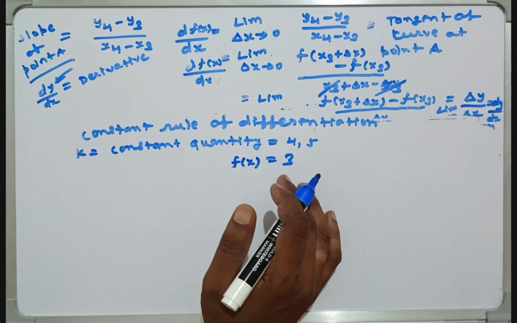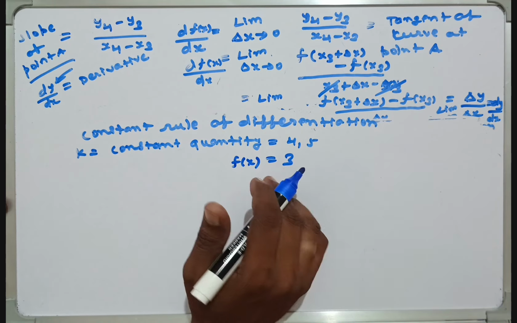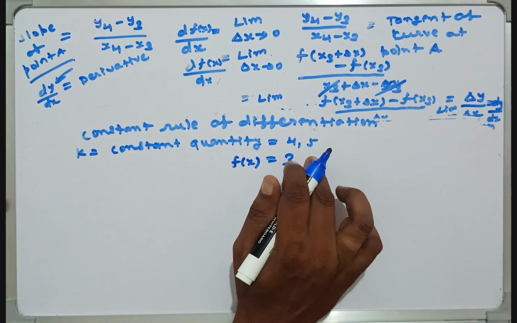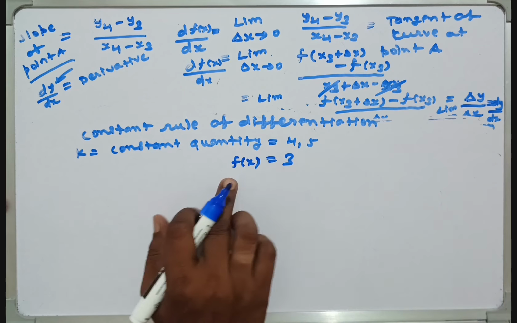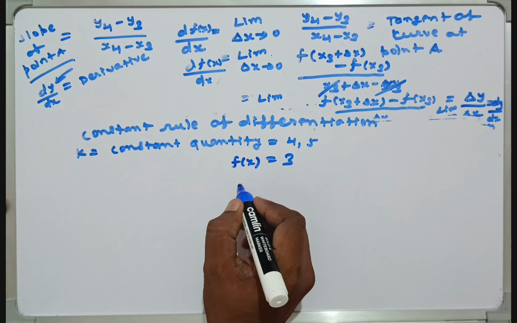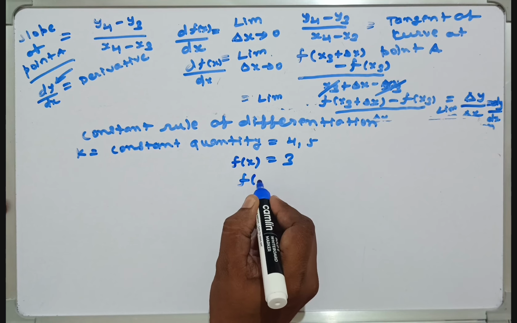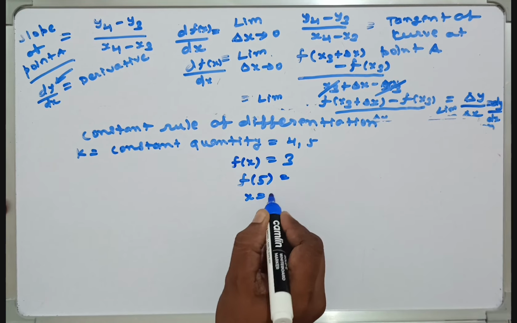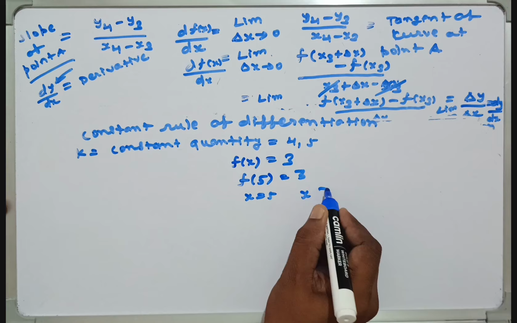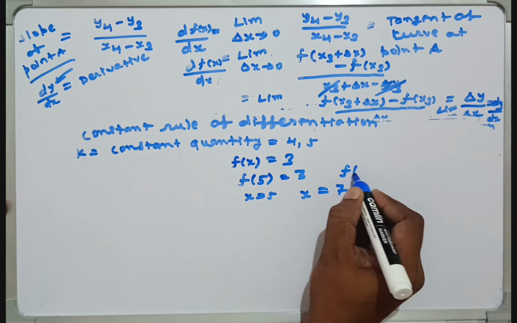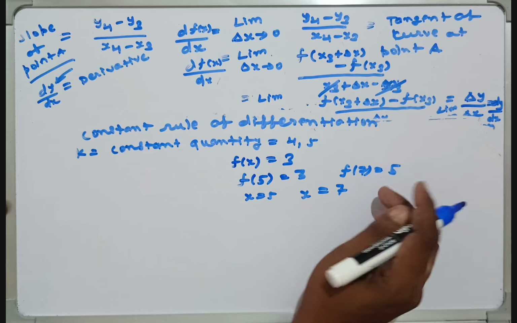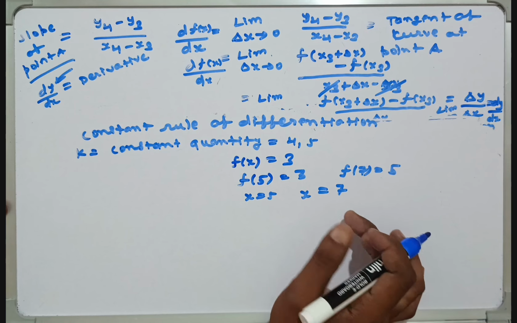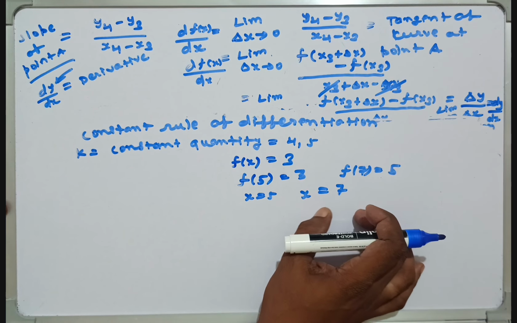You can see in the right hand side of this function, 3, there is no independent variable. So whatever the value of x changes, suppose x equals 5, then this value is 3. If x equals 7, then f(7) is also 3. So this function is not going to change when the x value is changing.